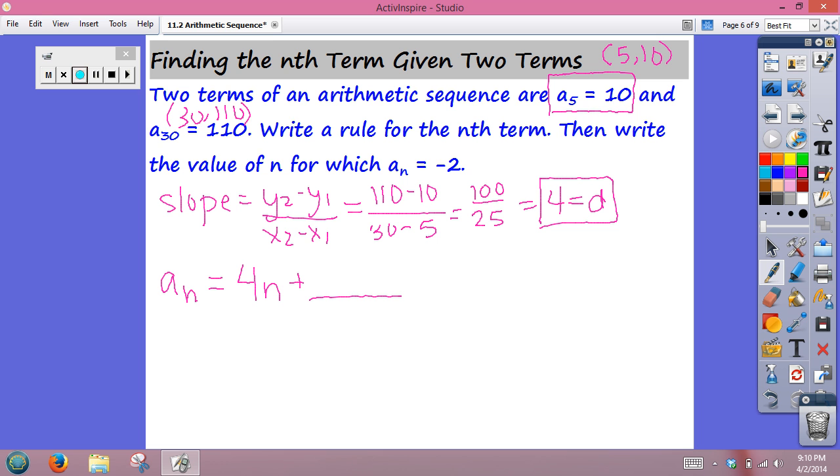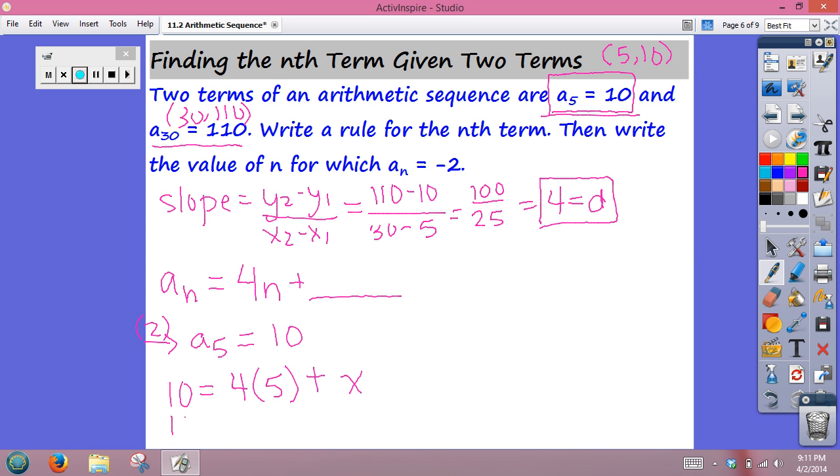From here, you have two choices. You have a30 equals 110 or a5 equals 10. My personal preference, I like to use the smaller numbers because they're easier to solve in equations. So a5 equals 10, so 10 equals 4 times 5 plus x, because that's the number that we're trying to find for our rule.